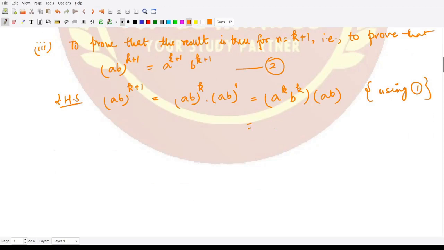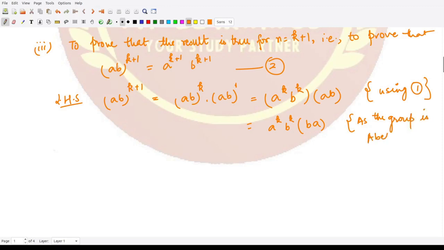Right now, what we can do, we can make use of the associative property, not the associative property, that is not required. We can directly make use of the abelian property of the group, as the group is abelian.